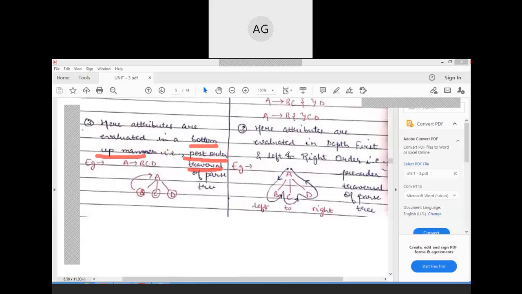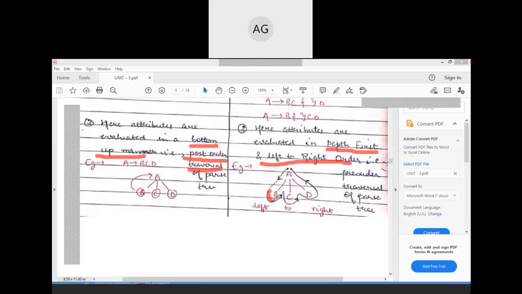Whereas in the case of L attributed SDT, here attributes are evaluated in depth first and left to right order. Means you need to just concentrate on how we are evaluating. We are moving from A to its left, B in BCD, B is at the leftmost, so we are moving from A to B. Just concentrate on the arrows.